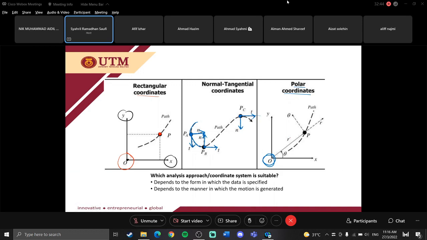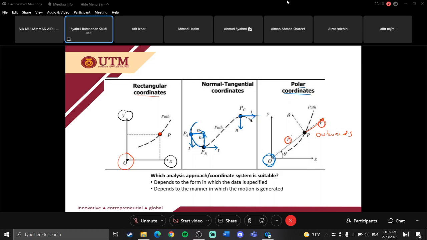So for r, this axis is always outward from the origin. This is the positive direction. Please remember, when we deal with velocity and acceleration, these are vector parameters, so you will have magnitude and direction.